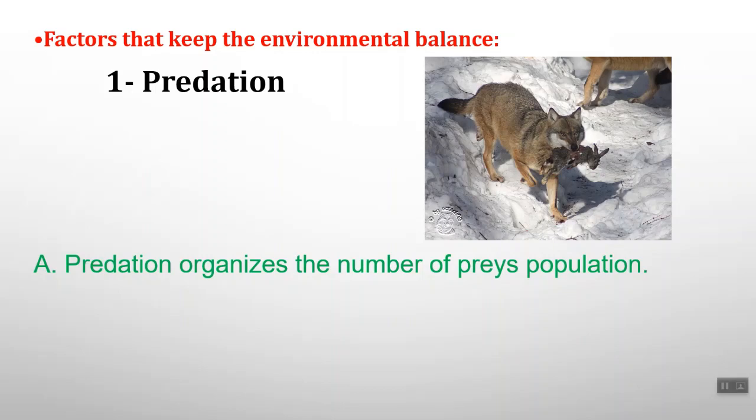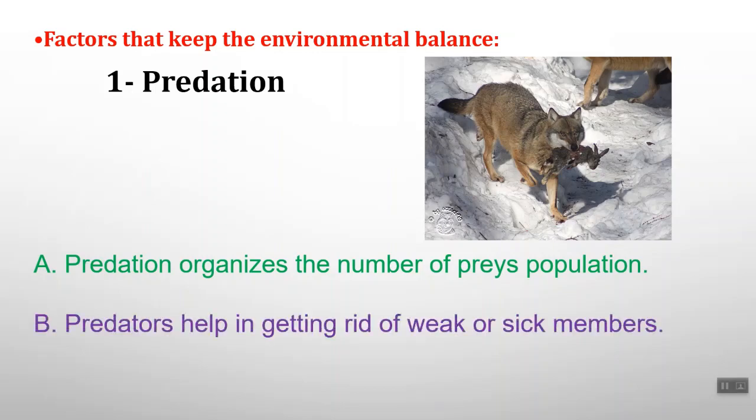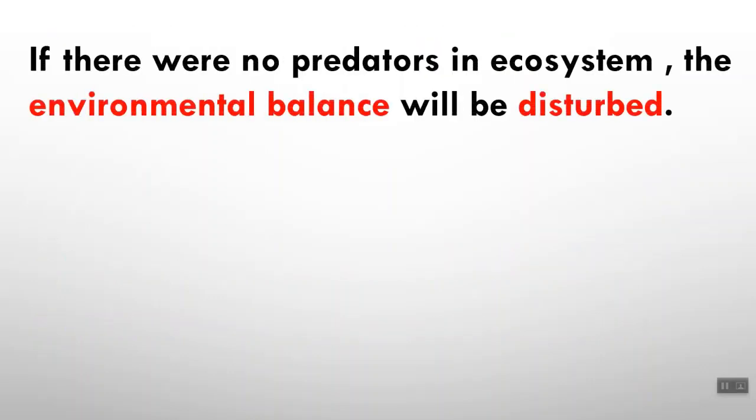Because the predation organizes the number of the prey population, and the predators help in getting rid of weak or sick members. So, if there were no predators in the ecosystem, the environmental balance would be disturbed or harmed. How? If we don't have predators, this will disturb the environmental balance?